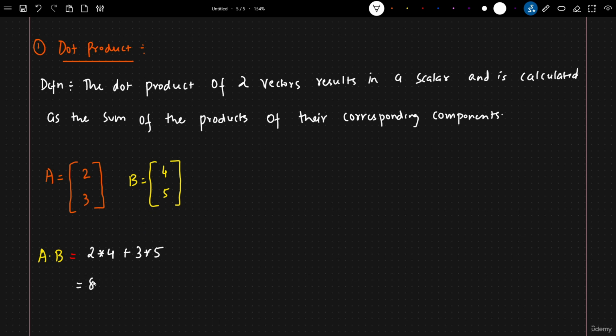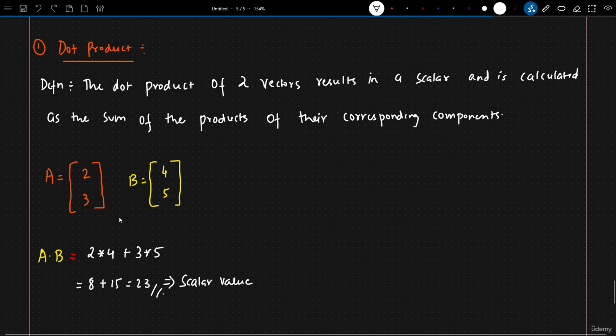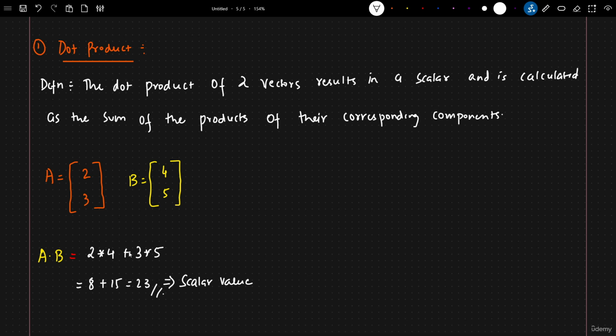Once we calculate it, it is nothing but 8 plus 15, which is 23. So over here, 23 is my scalar value. And this is what the definition talks about: the dot product of two vectors results in a scalar and is calculated as a sum of the products of the corresponding components. So we take each of these components with respect to the coordinate, multiply them, and then add them.